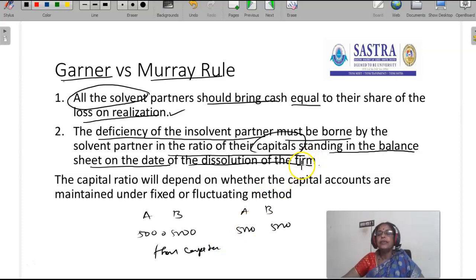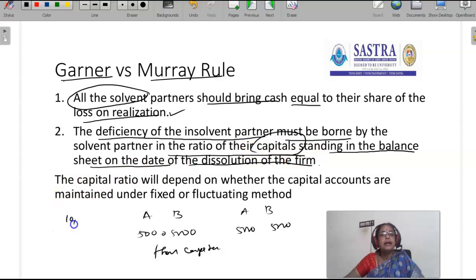We should not include realization profit or realization loss. Before adding or deducting the realization profit or loss, what is their capital? That should be considered while calculating the capital ratio, because they are going to bear the deficiency of the insolvent partners in the ratio of the then capital ratio.